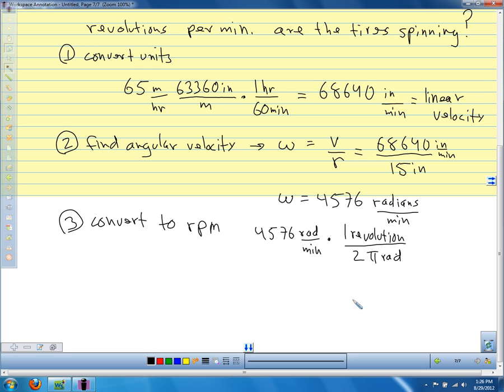So I'm dividing by 2 pi. So our RPM, when I divide 4576 by 2 pi, I get about 728.29 revolutions per minute.